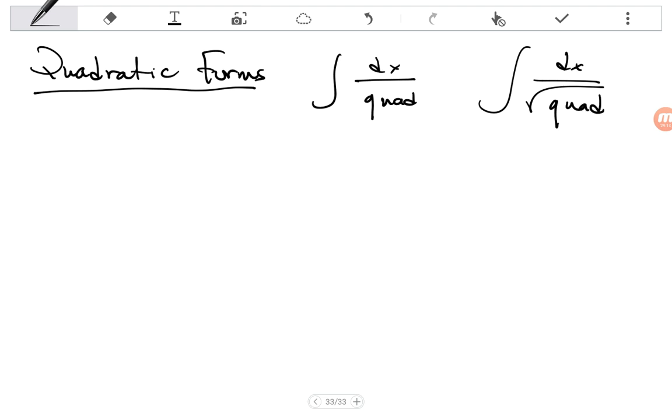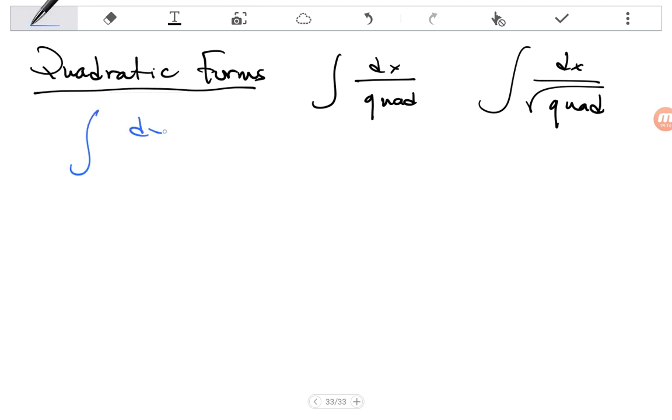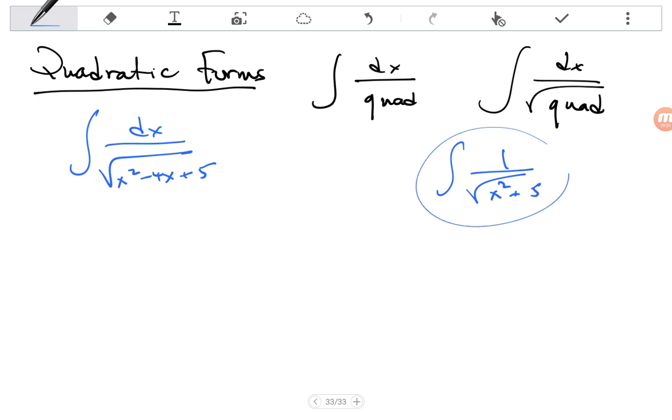For example, if I had something like this, dx over root of x squared minus 4x plus 5. If this expression was integration of dx over root of x squared plus 5, then I know the rule for this.